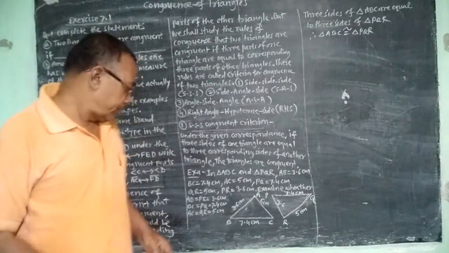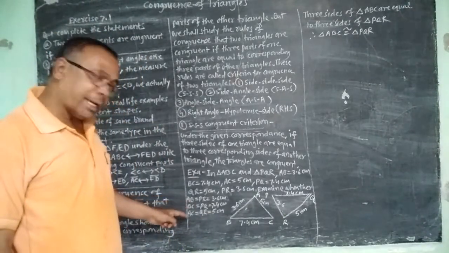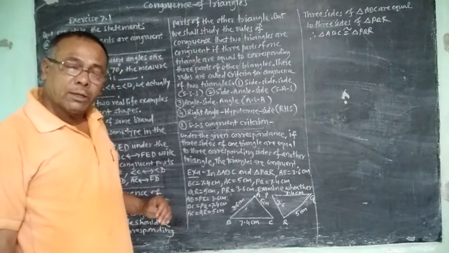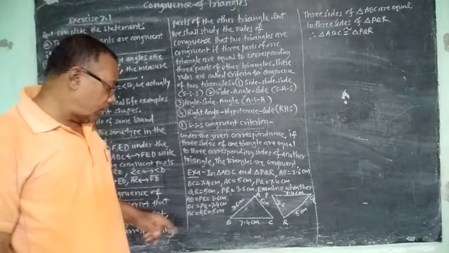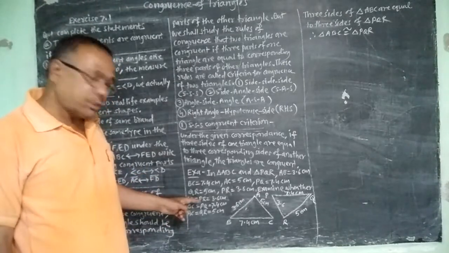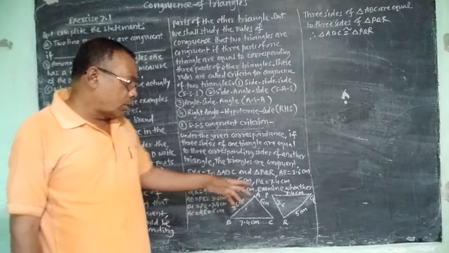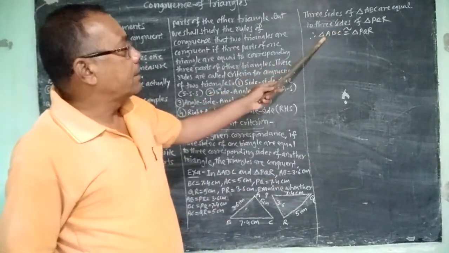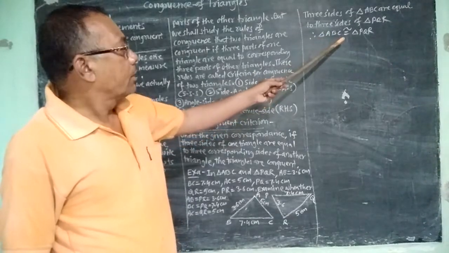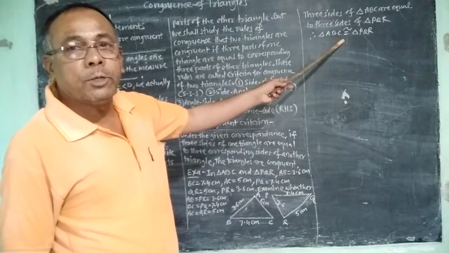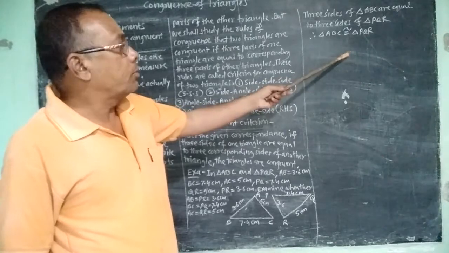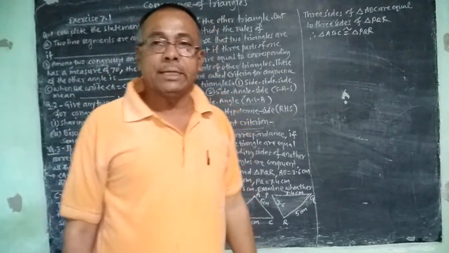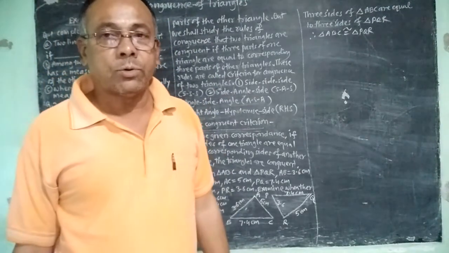Means it is seen that the AB, BC and AC, these three sides of triangle ABC are equal to the corresponding three sides PR, PQ and QR of the triangle PQR, and therefore we can write that triangle ABC is congruent to triangle PQR. So this is our first criteria, known as SSS congruent criteria.